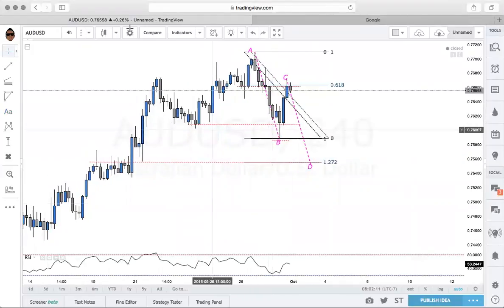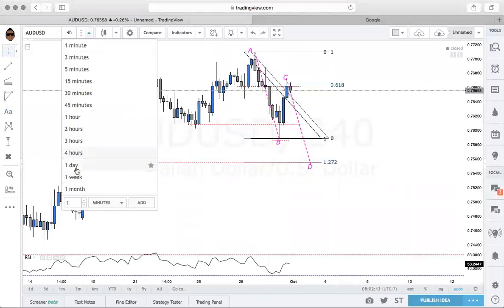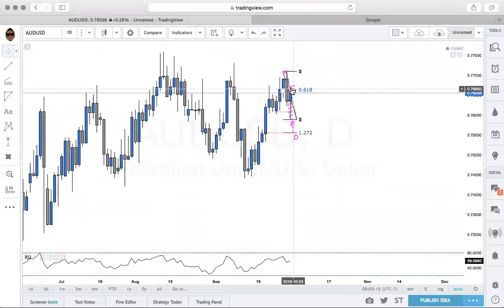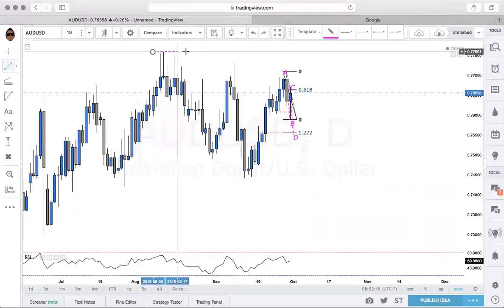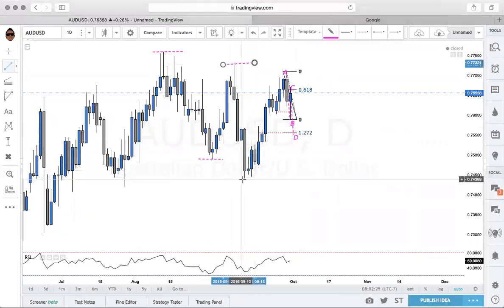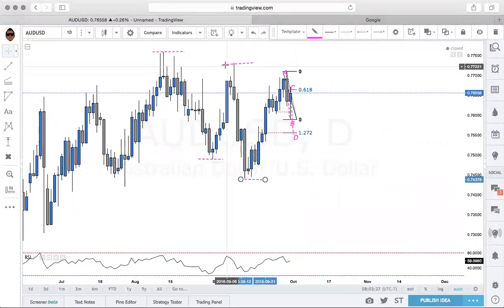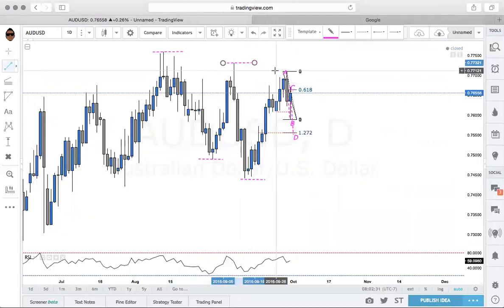Okay. So on a higher time frame, daily chart, we're looking at this push down. We've got the turnover here. This was the previous high, previous low. Then we got the lower high, and then the lower low, right? And then now we have a lower high. So we're expecting potentially a lower low.